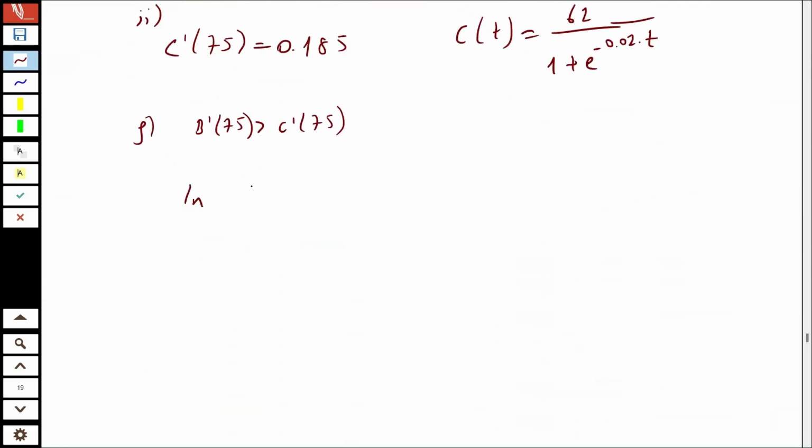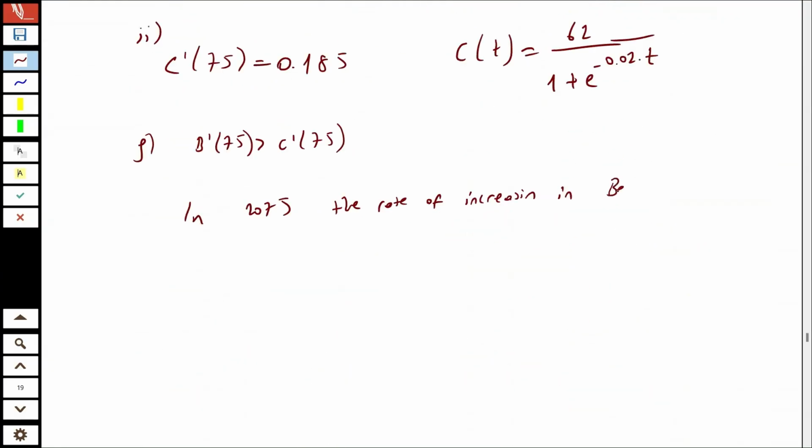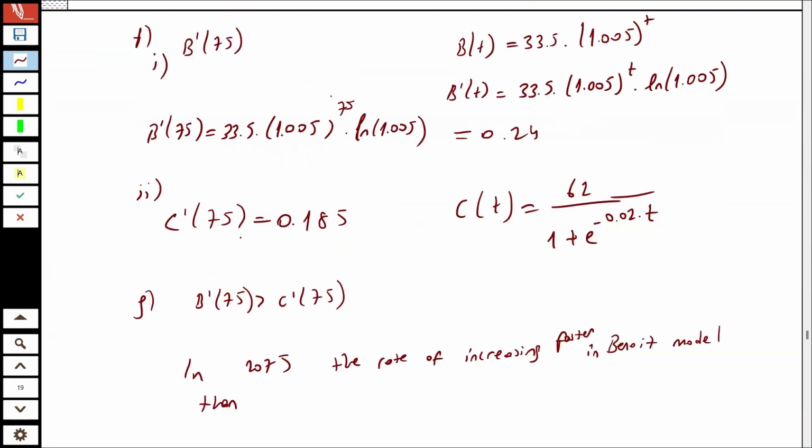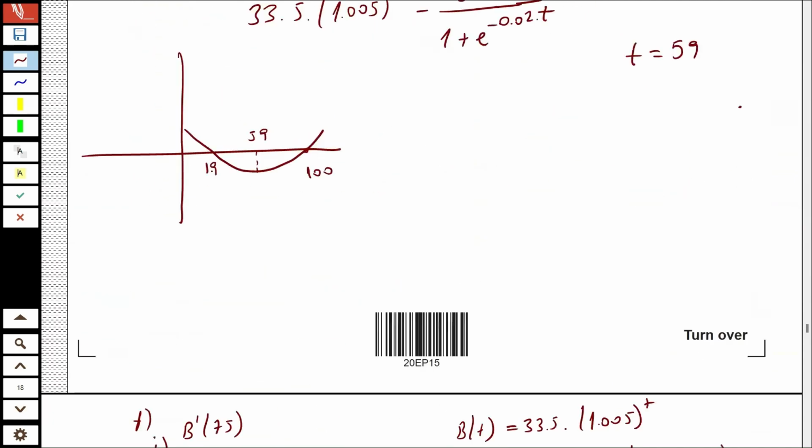So this means in 2075, the rate of increase is faster in Benoit's model than in Cecilia's model.